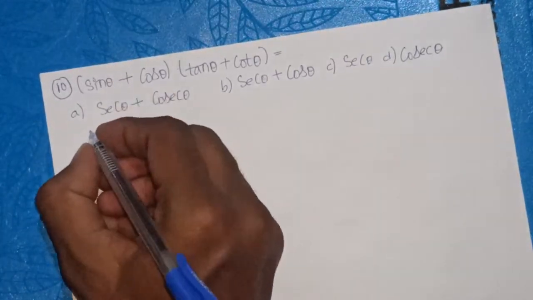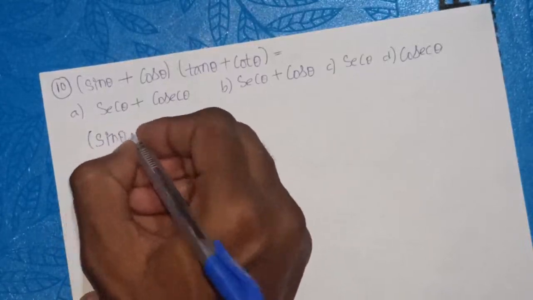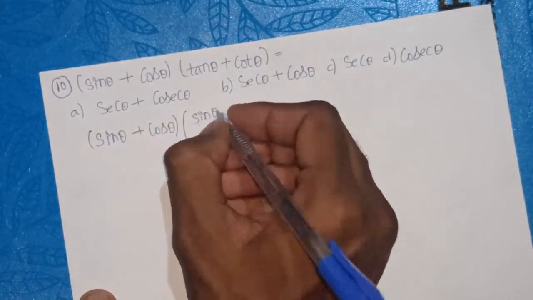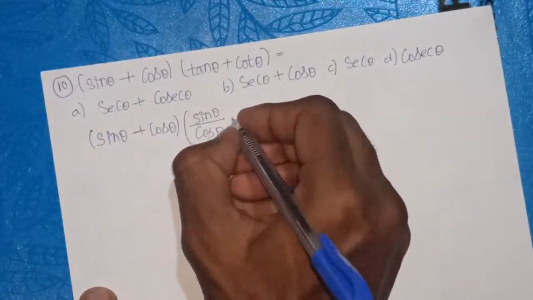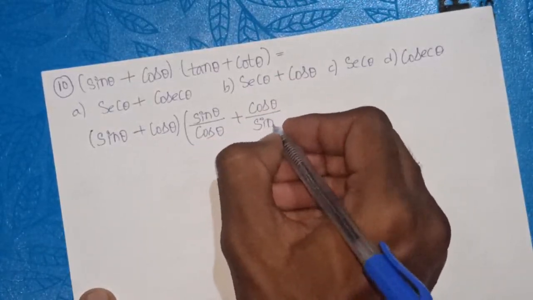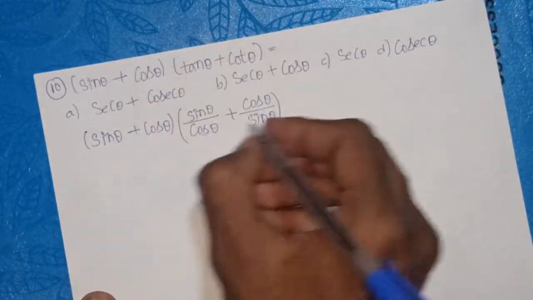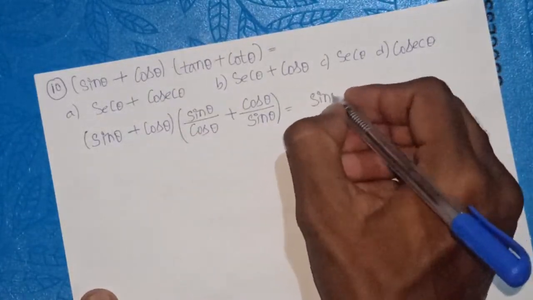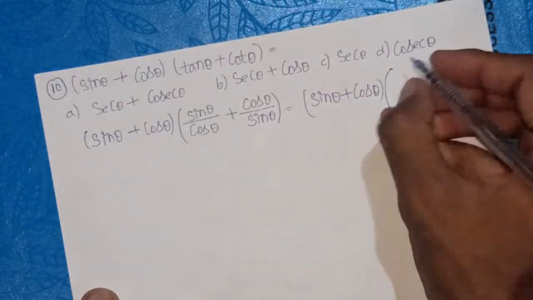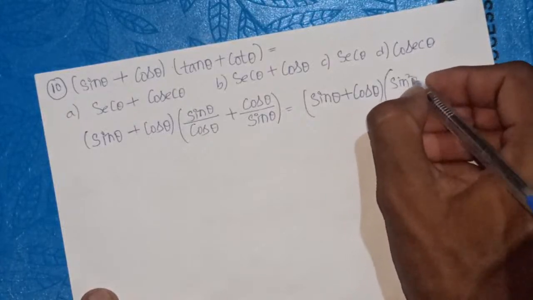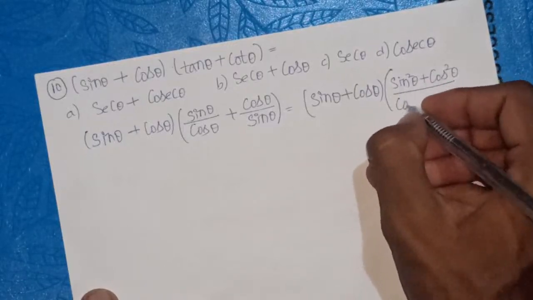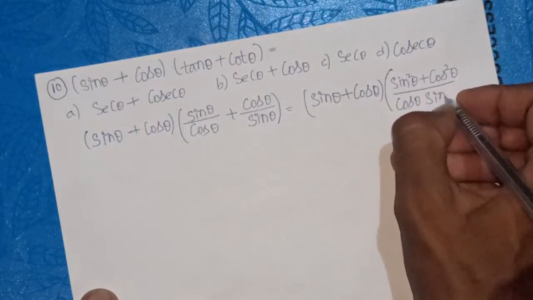By proving this question, sin theta plus cos theta, tan theta can be written as sin theta by cos theta plus cot theta can be written as cos theta by sin theta, which is equal to sin theta plus cos theta into, here we are taking LCM, that is sin square theta plus cos square theta divided by cos theta into sin theta.